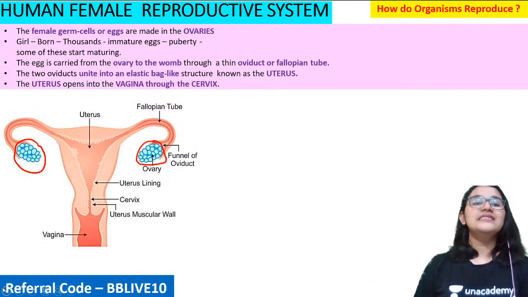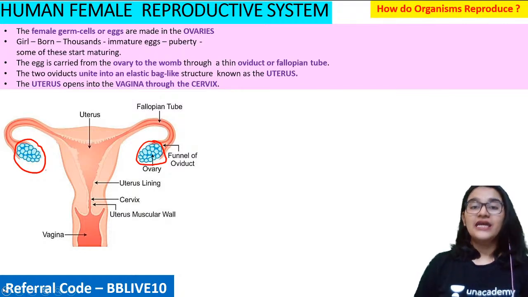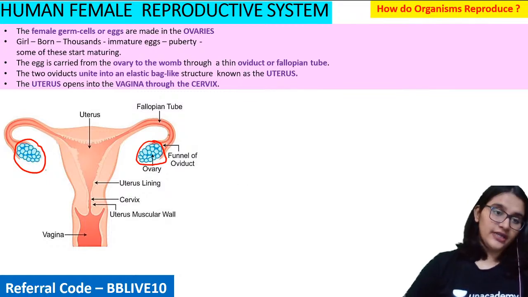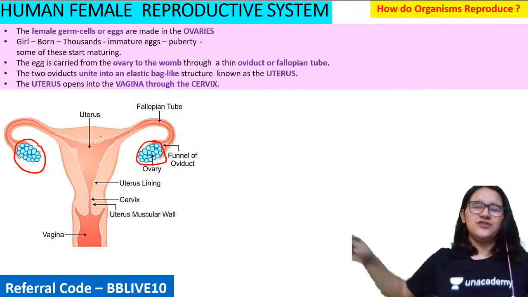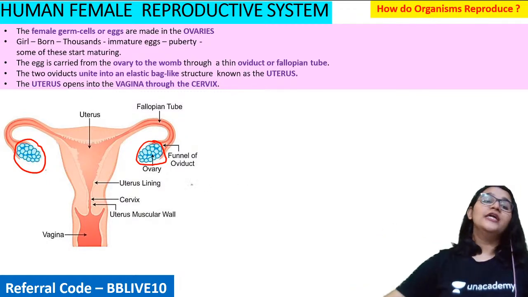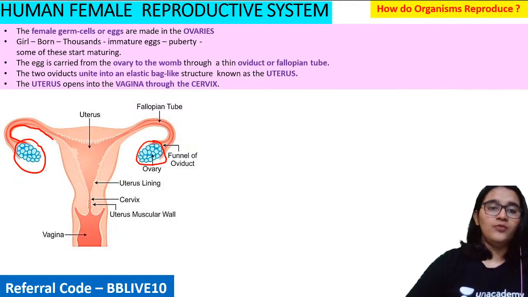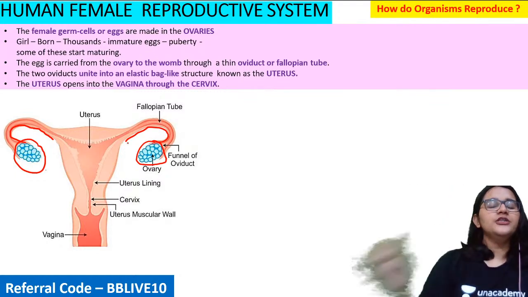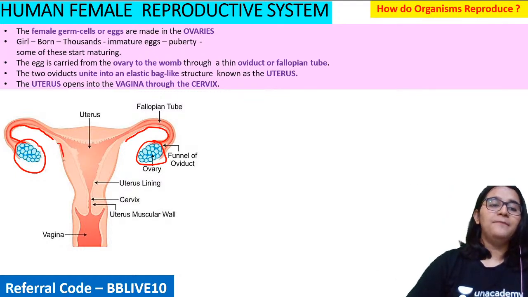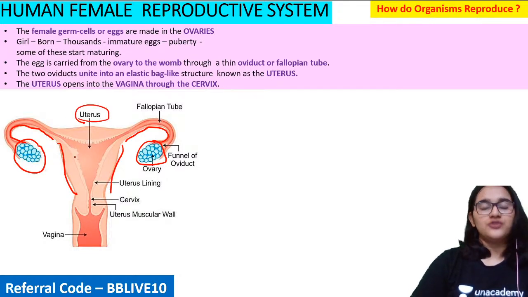Inside the ovary you have the eggs, the female germ cells, also called ovum or ova. Then you will see two pipe-like structures which almost look like our hands. They are coming out, coming towards the inner side and getting merged to this bag-like structure, which is called the uterus.